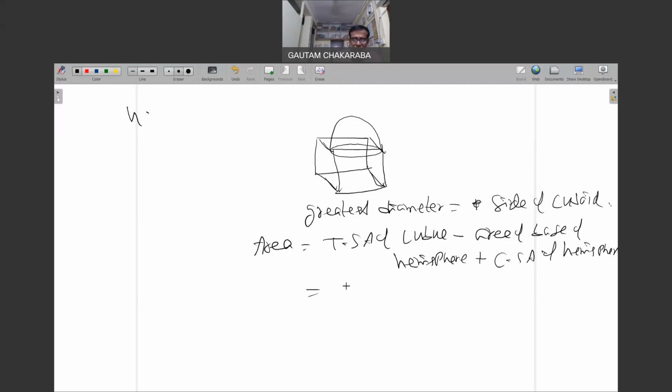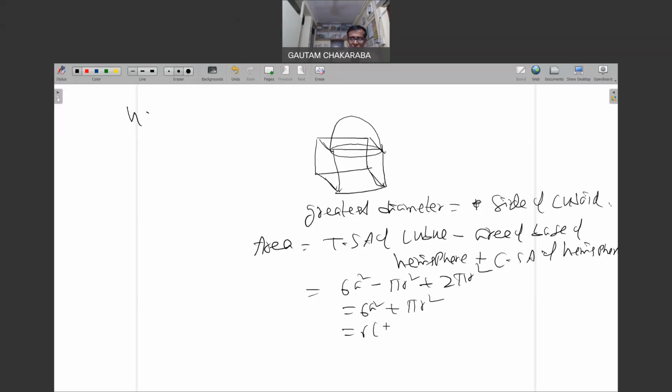TSA is 6 a square. Area of base means the circular portion, with radius r, pi r square. CSA is 2 pi r square. So minus pi r square plus 2 pi r square, simplify 2 minus 1, that is 1, so plus pi r square.